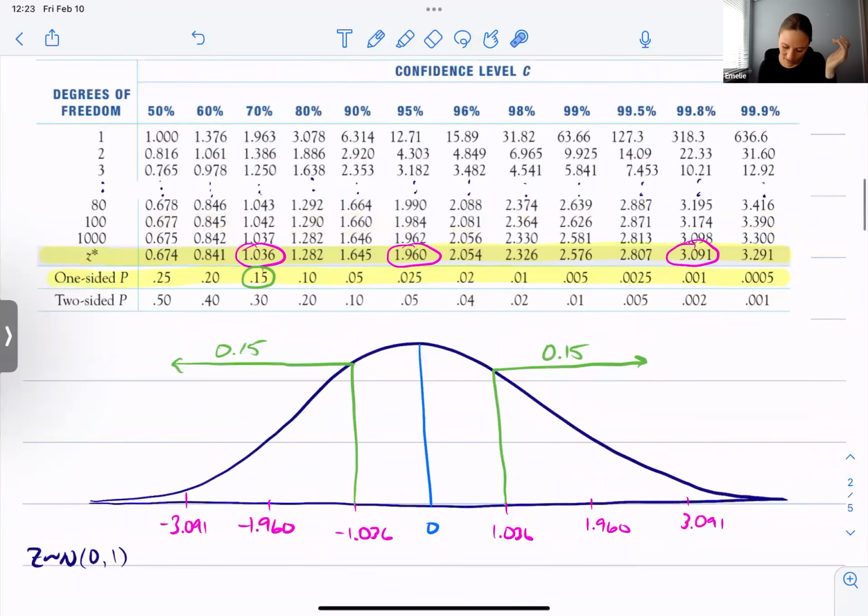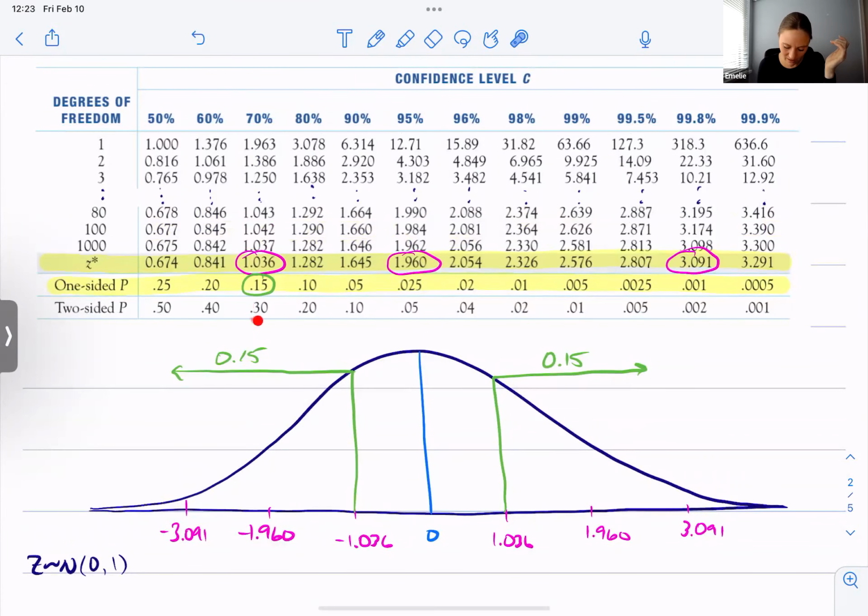You don't need the next line. But what it's saying is that if you care about both the tails, which we will later, you could just say 0.15 plus 0.15 is 0.30. So that's all the two-sided P is doing.